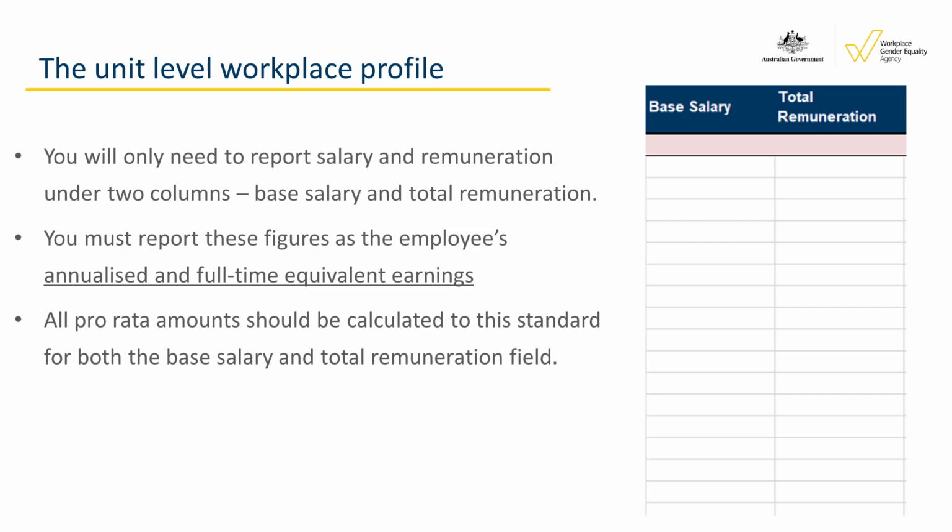In short, the 2 figures must represent what this employee would be paid if they had worked full-time hours for a full year. This figure is not a contractual figure, but is based on what the employee actually earned. All pro rata amounts should be calculated to this standard for both the base salary and the total remuneration field.